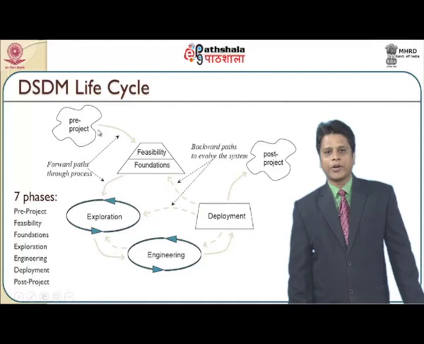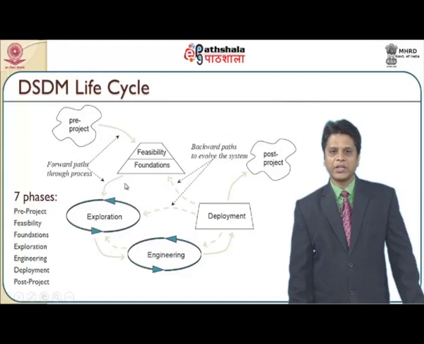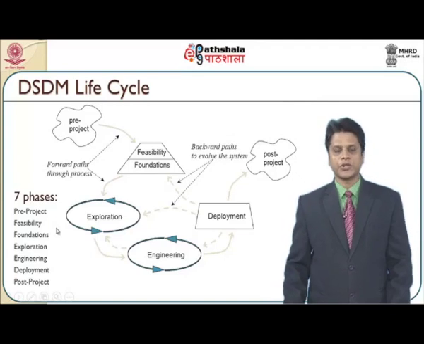So there is an iterative process that would happen both in the forward fashion and in the reverse fashion. This DSDM life cycle has 7 phases: pre-project, feasibility study, foundations, exploration, engineering, deployment, and post-project.